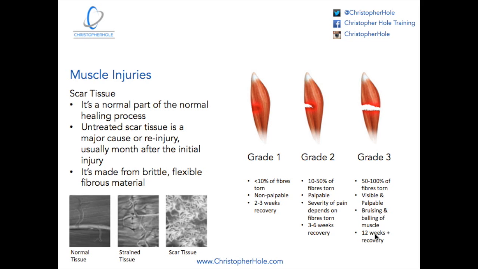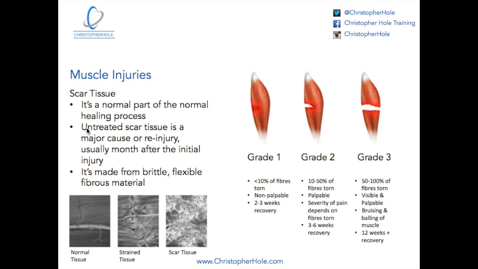Once we understand what the injury is, with regards to the healing process, we then come over here and we can start discussing scar tissue. Scar tissue is a normal part of the healing process. It's a way the body is able to organize itself with regards to healing tissues.